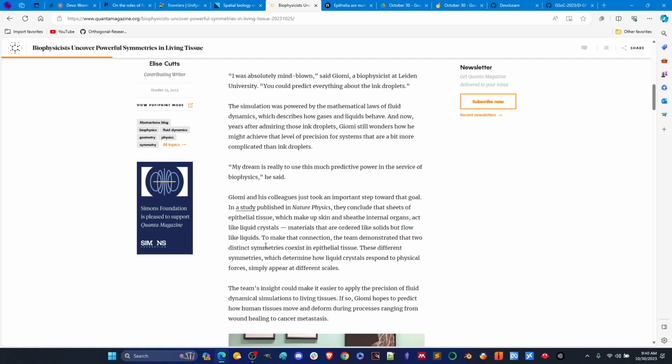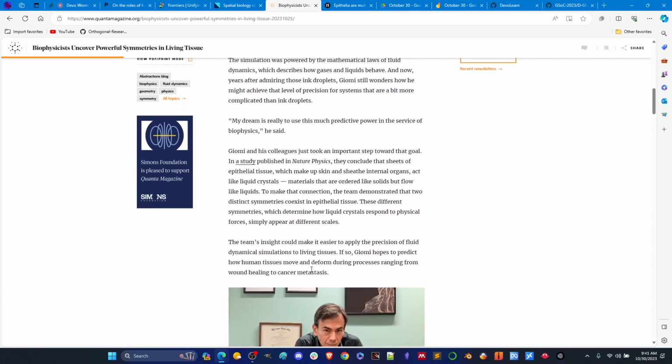So they have this dual aspect to it. To make that connection, the team demonstrated that 2 distinct symmetries coexist in epithelial tissue. These different symmetries, which determine how liquid crystals respond to physical forces, simply appear at different scales. So there's a solid and then a liquid state. And if you get to a certain scale, you get this sort of behavior.